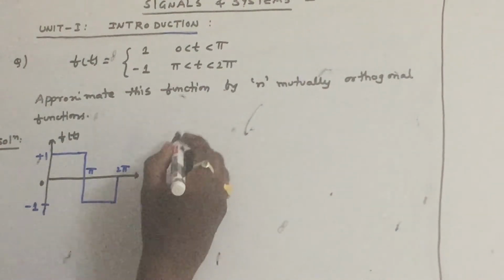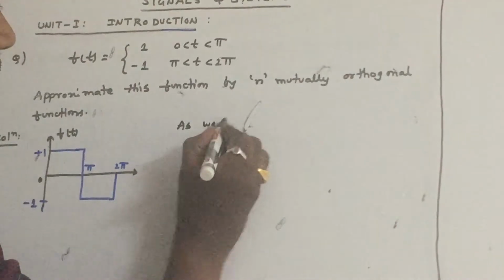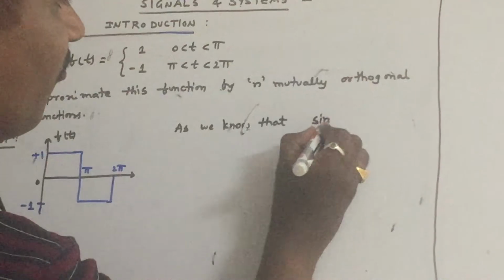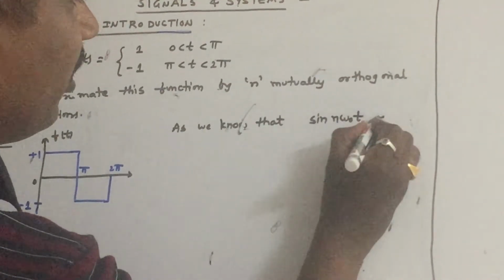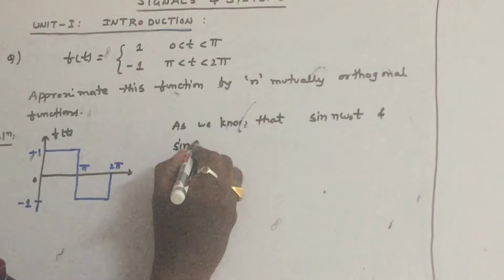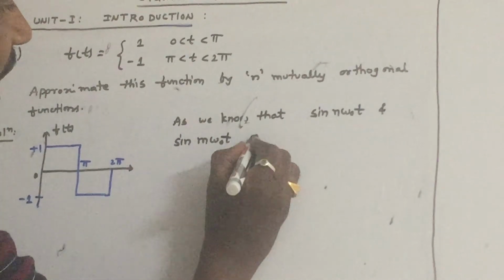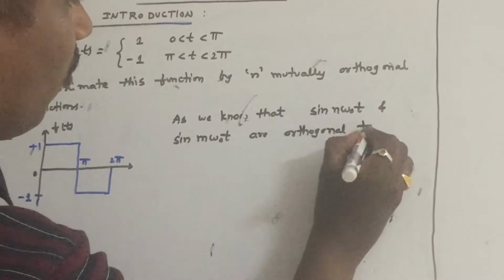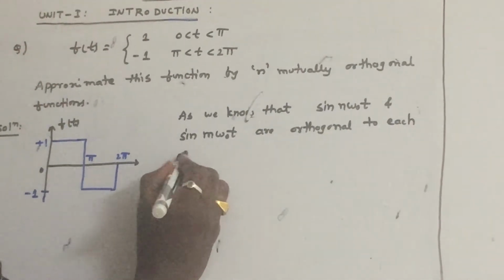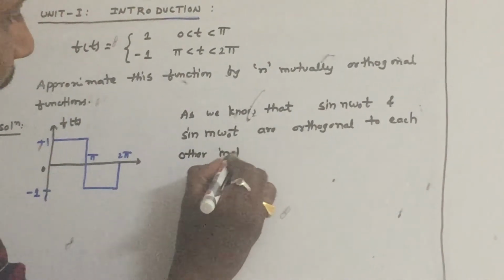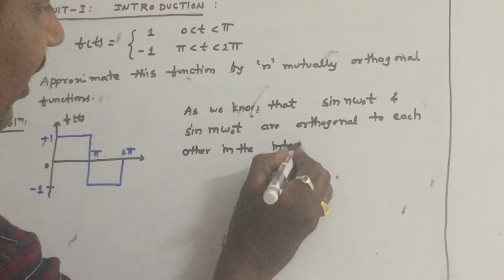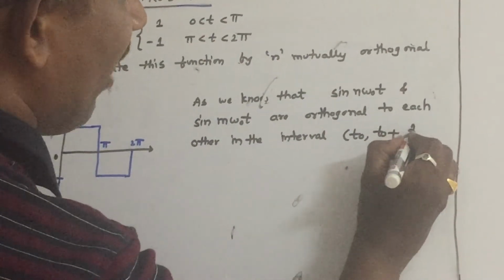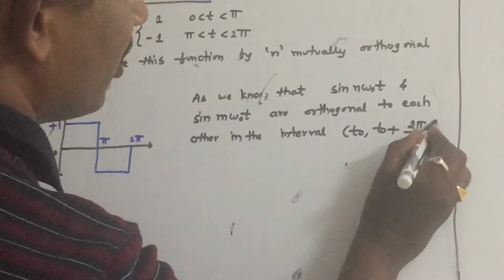Now, as we know, sin n omega 0 t and sin m omega 0 t are orthogonal to each other in the interval t0 to t0 plus capital T. What is capital T? 2 pi by omega 0.